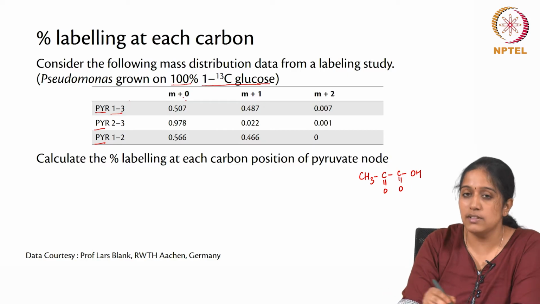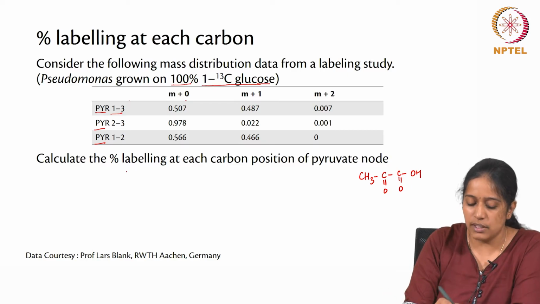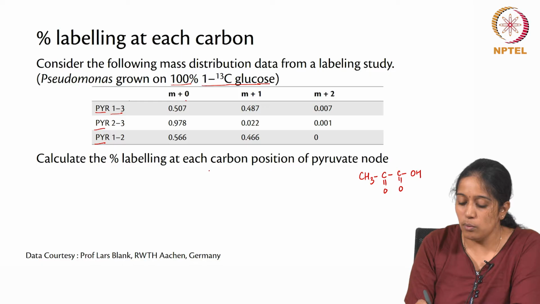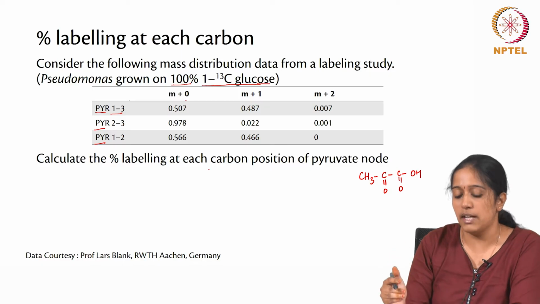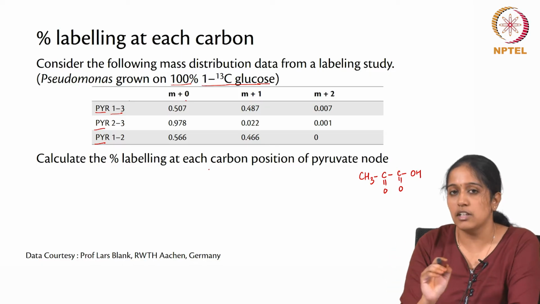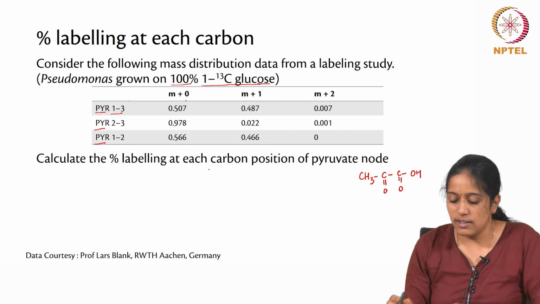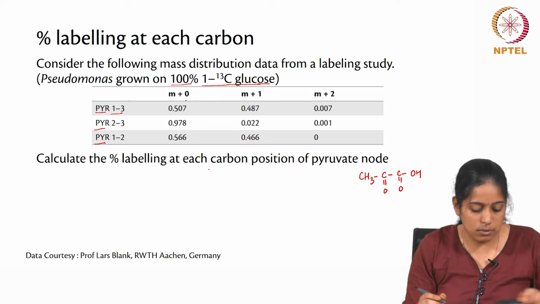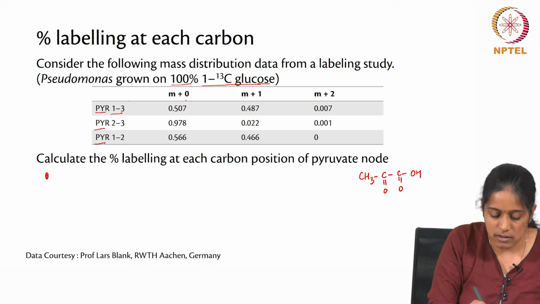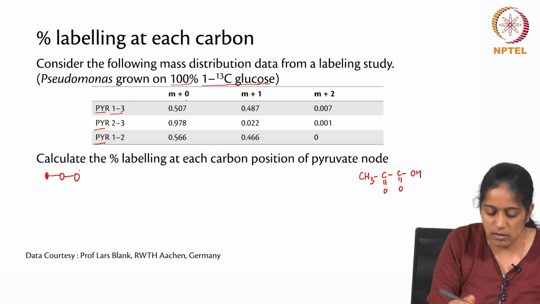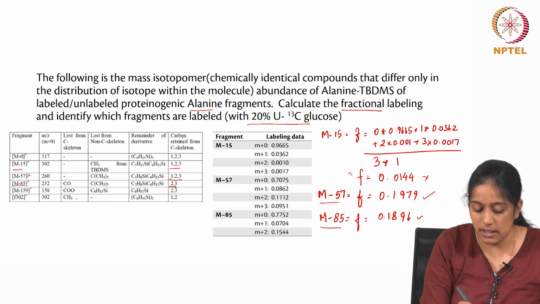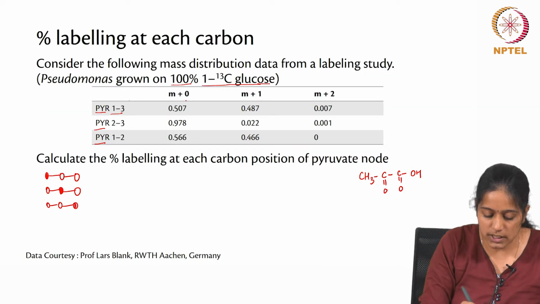So, since I have this distribution table, I would now like to see how each position in pyruvate is labeled. This is a very simple example. First, we construct a small toy. I am just drawing the carbon atoms in pyruvate with different positions labeled.